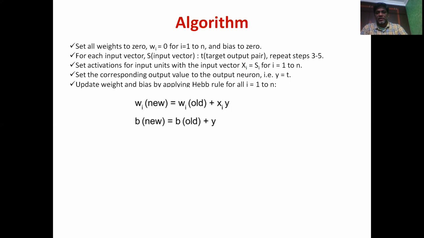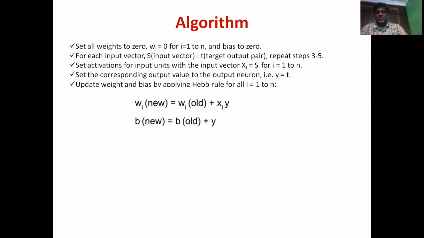For example, if you are calculating the new weight with respect to the input vector x1, then the formula becomes w1 of new is equal to w1 of old plus x1 into y. And y is the corresponding output expected from the input vector x1.